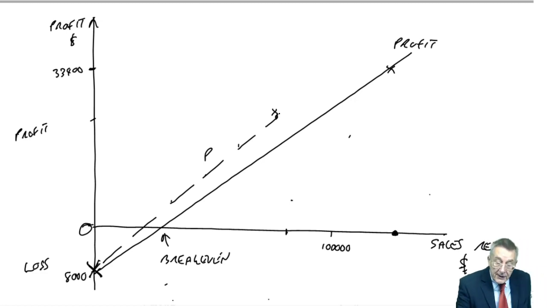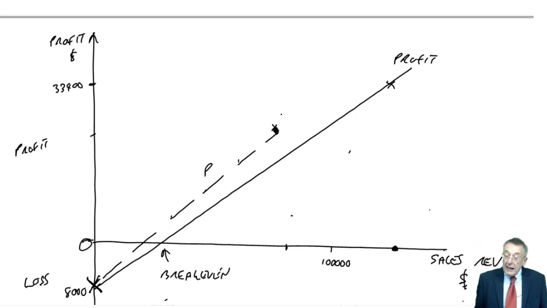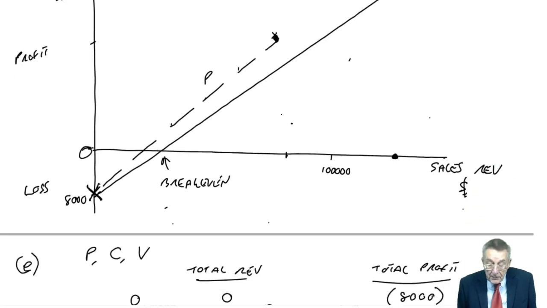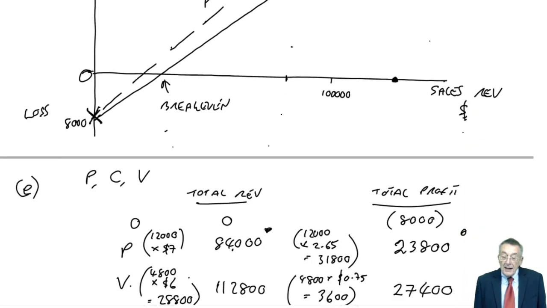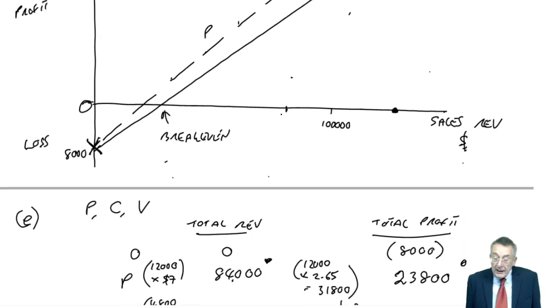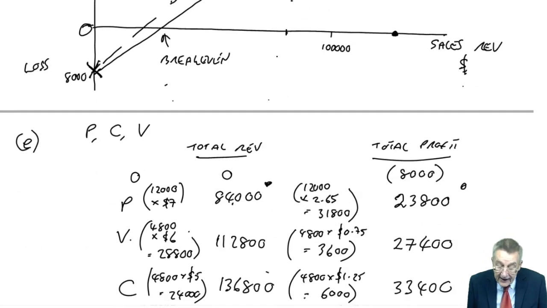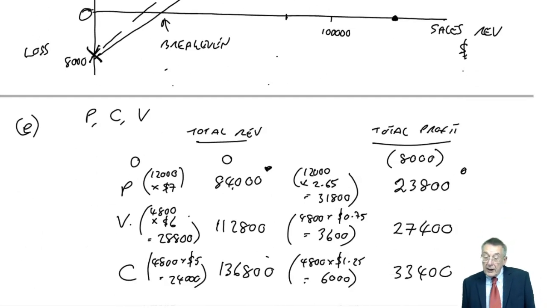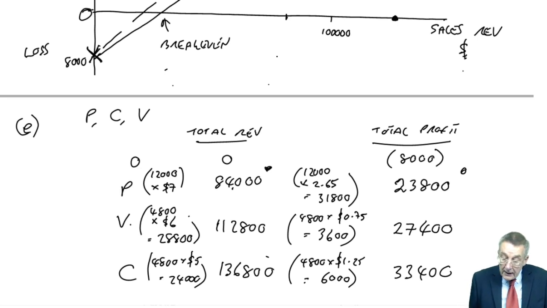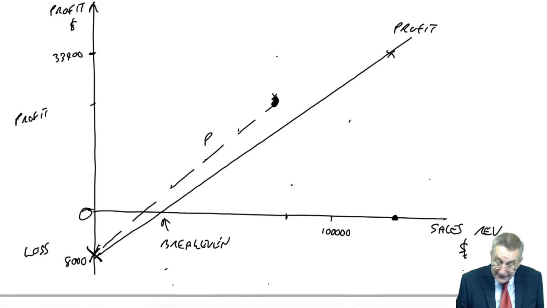All right, well, that's the maximum we'd make from selling P. And if we were selling that many P's, then we'd have to carry on and sell the next best, which was V. And V, we'd be starting making that much profit, but by the time we'd sold all the V's, profit would have gone up to 27,400 and revenue to 112,800. So 112,800 is perhaps about there.